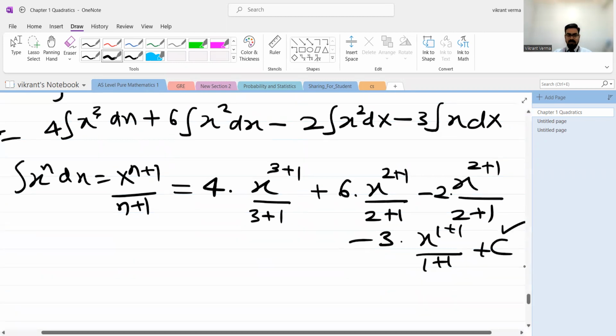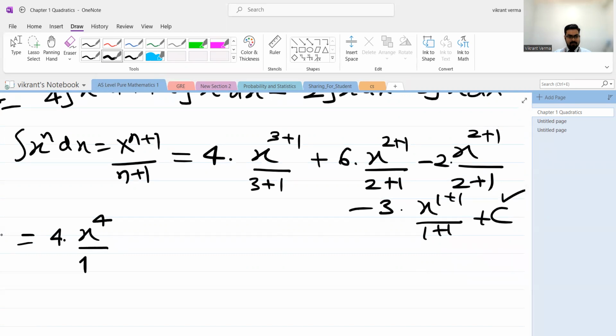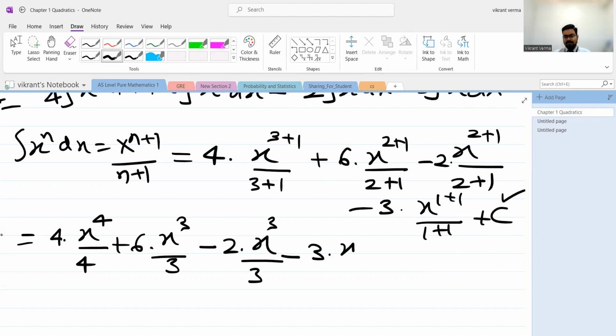Now if I simplify these terms, this is equal to 4 times x raised to the power 4 upon 4 plus 6 times x raised to the power 3 upon 3 minus 2 times x raised to the power 3 upon 3 minus 3 times x raised to the power 2 upon 2 plus c.